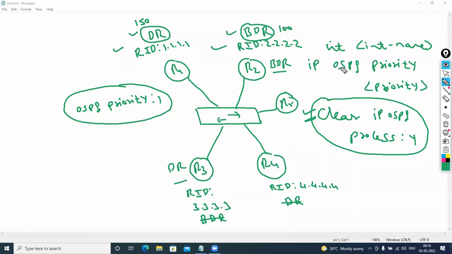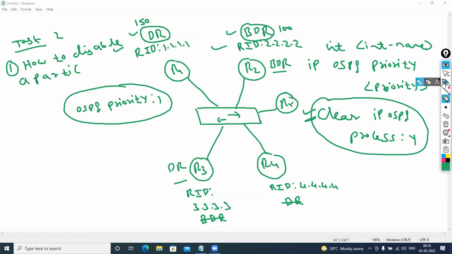Task is clear. Now one more task. Task 1 is you need to make R1 the DR and R2 the BDR. What is task 2? How to stop a particular router from participating in DR BDR election?